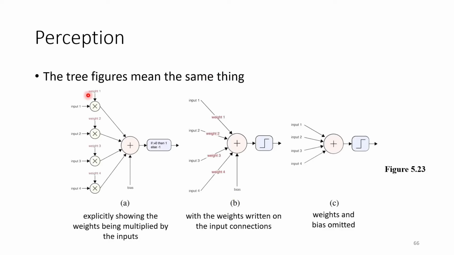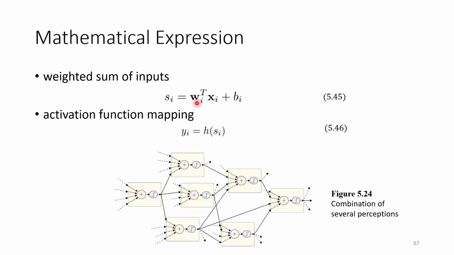We multiply the weight with the input, and there is a bias. So S is the linear summation of the input X through weight W and the bias B, and there's an activation function h. It will use s as an input and return an output. So here, this is a neural network. It is a combination of several perceptrons, even though it is not organized.